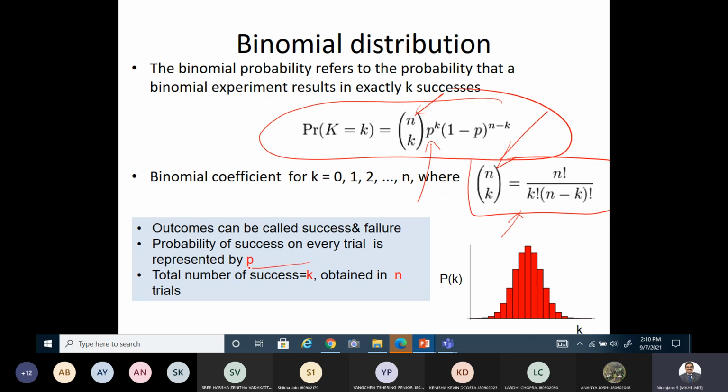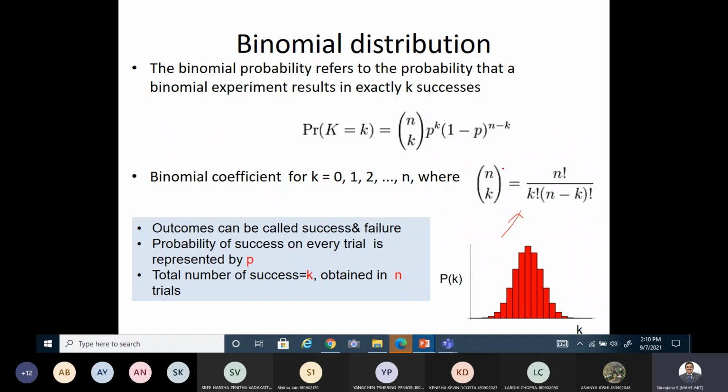Total number of success is k, and total number of trials is n. So when there are n trials, getting k success you can define as probability of k, with the coefficient, right? This is the binomial expression, using which you are able to calculate the binomial distribution for a given problem.